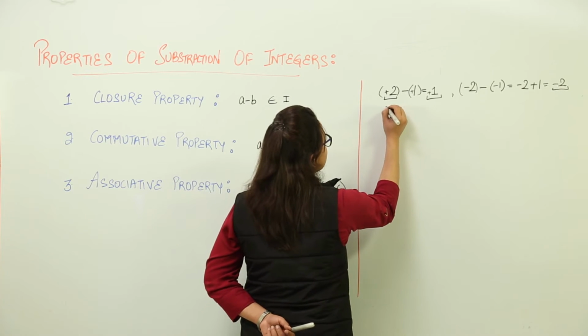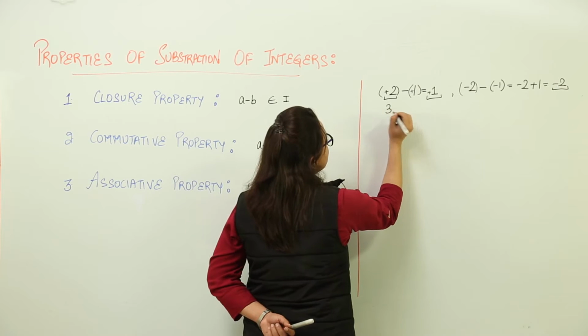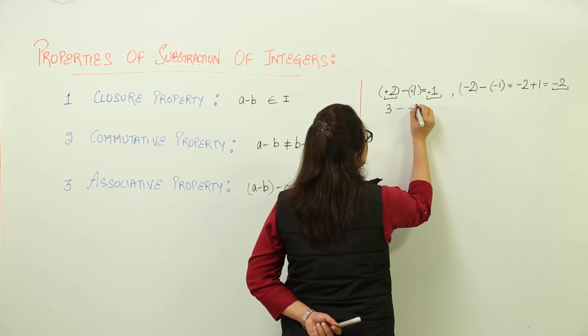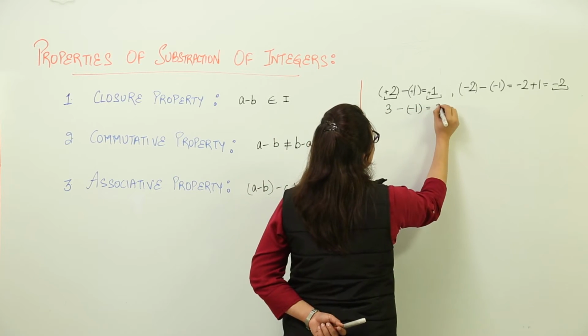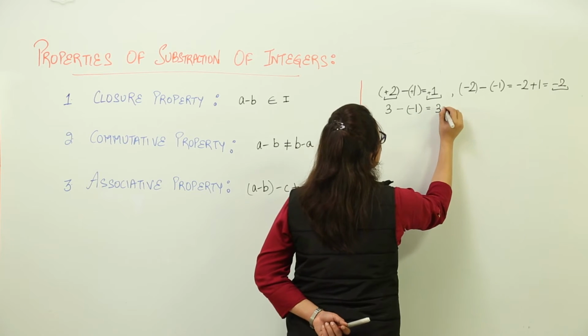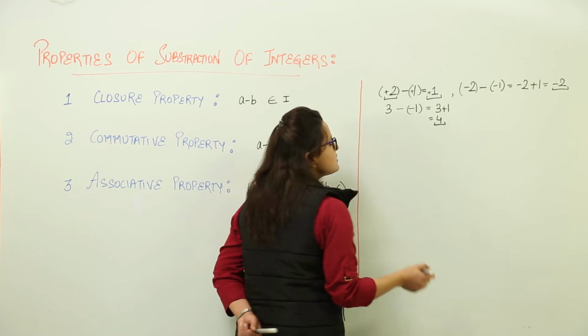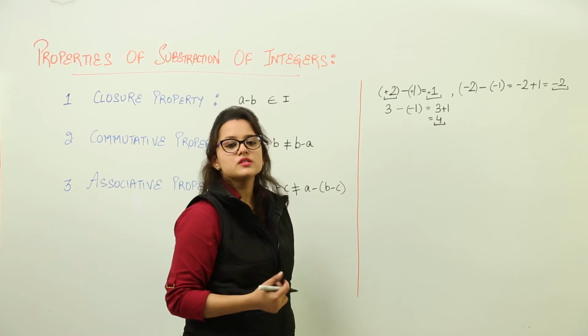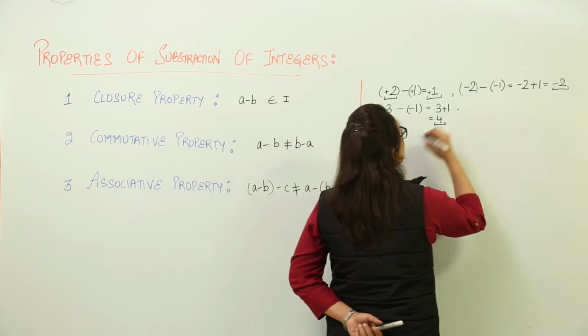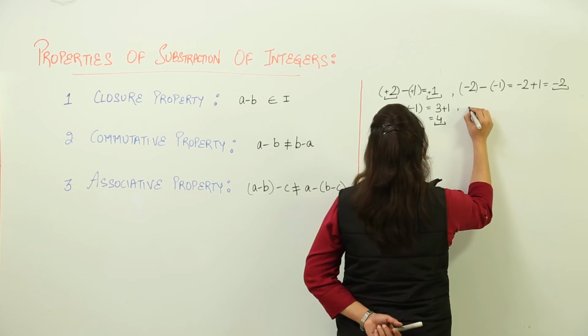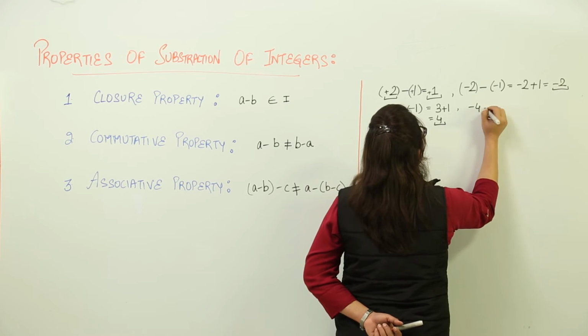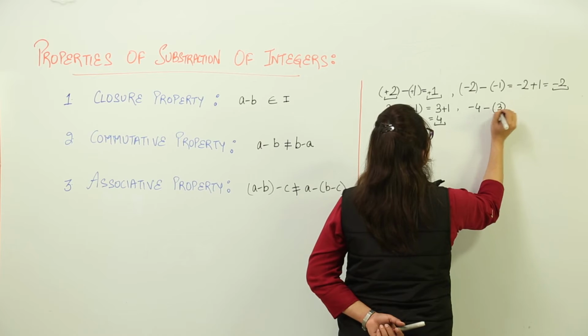Moving on with the examples, next we have 3 minus minus 1. 3 minus minus becomes plus 1, so you get 4. That is again under the integer set. The last one will be minus 4 minus 3.